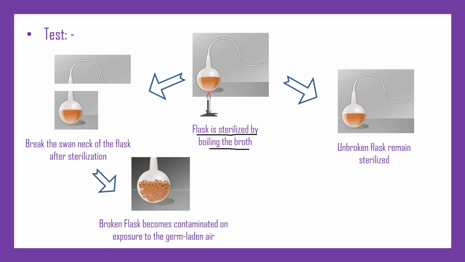Okay, so we have two conditions. First, we have the unbroken flask. So what happens is there will be no entry of air, so it remains sterilized. Next is we have the broken flask. So if we break the swan neck of the flask after sterilization, what will happen? It leads to the entry of germs or microbes inside this flask, and this broth, this medium becomes contaminated.